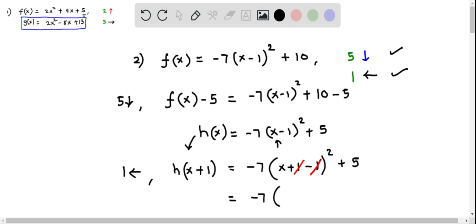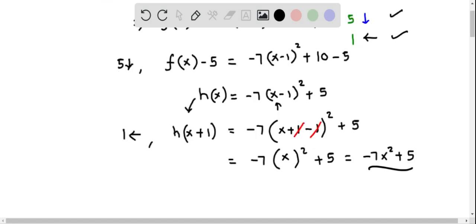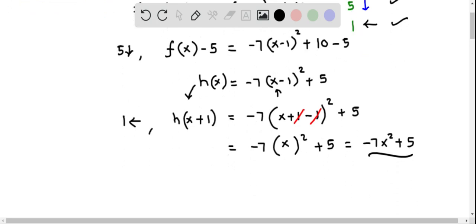So it's basically negative 7 times x quantity squared plus 5, or otherwise this equals negative 7x squared plus 5. And so basically this is the function g of x. So we write g of x equals negative 7x squared plus 5.